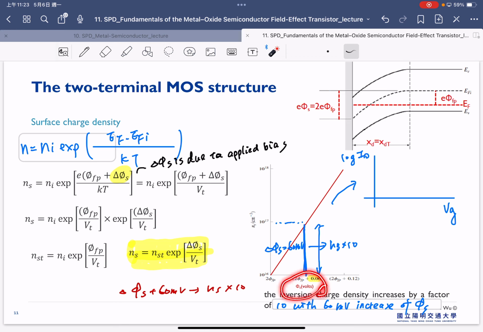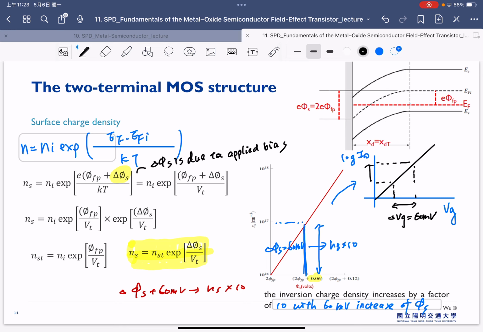Our phi_S is related to our gate bias here. So this suggests that if we look at the gate voltage versus the drain current, we apply an additional 60 millivolt, and our current can be increased 10 times.